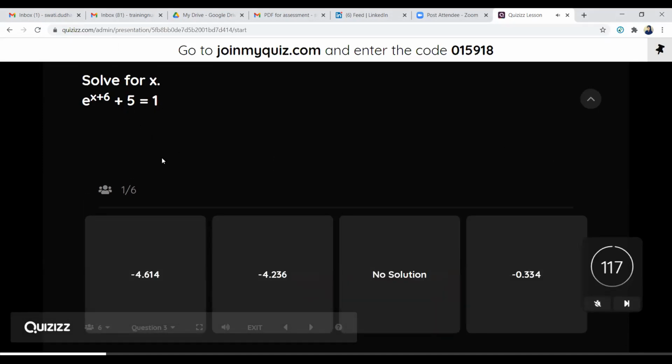Solve for x. Again the same procedure. Use nSolve on your calculator screen.